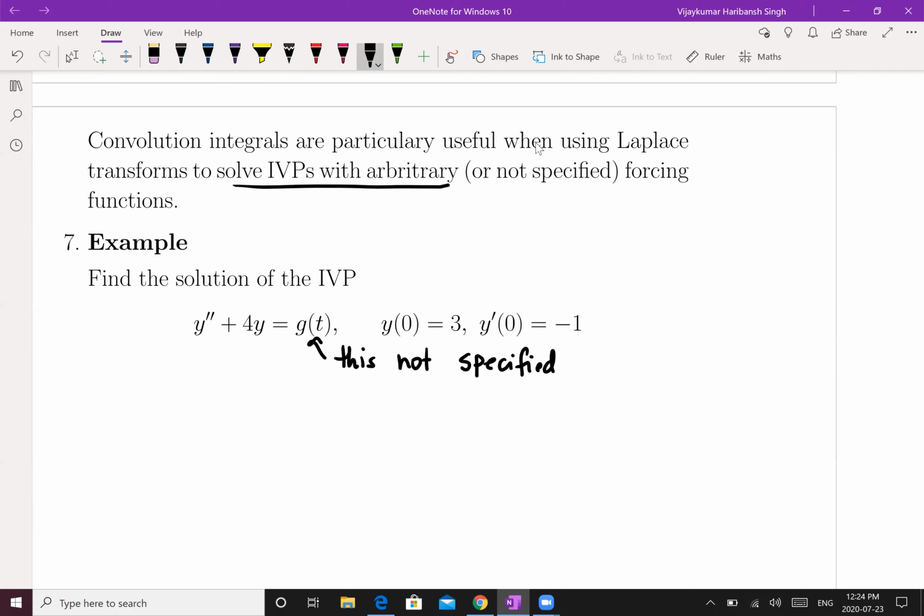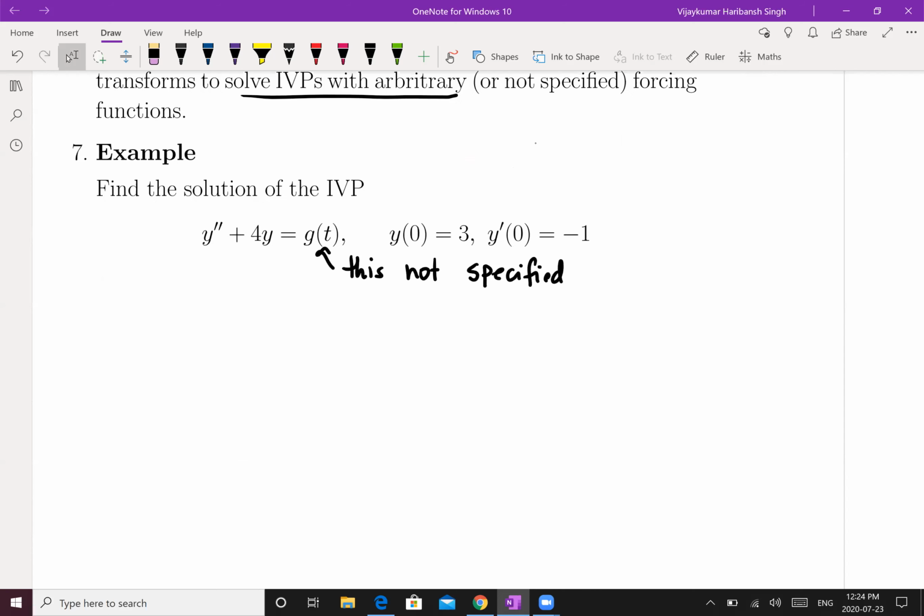The idea is we will basically solve it with a general g of t, and whenever the need be, depending on different kinds of functions, you already have the work done, and at the end you just have to substitute g of t. Okay, so that's the idea. So let's work on this one.